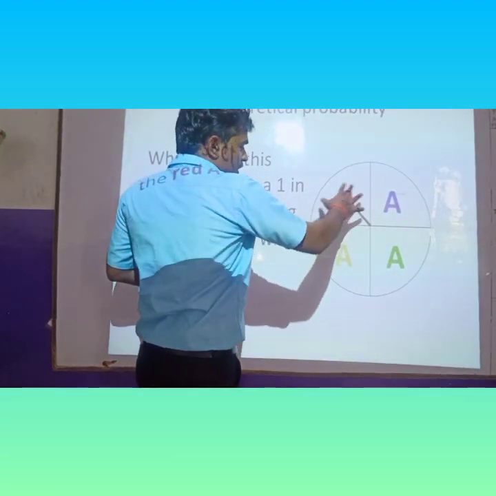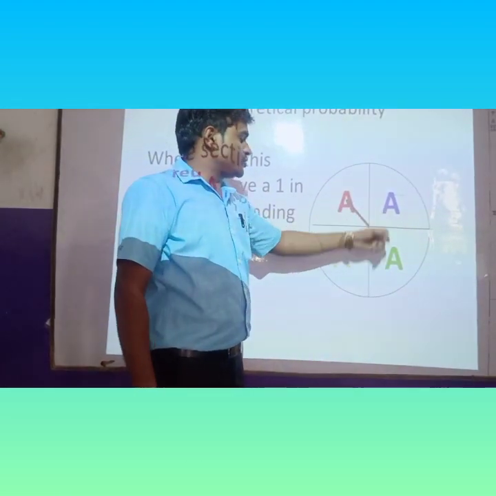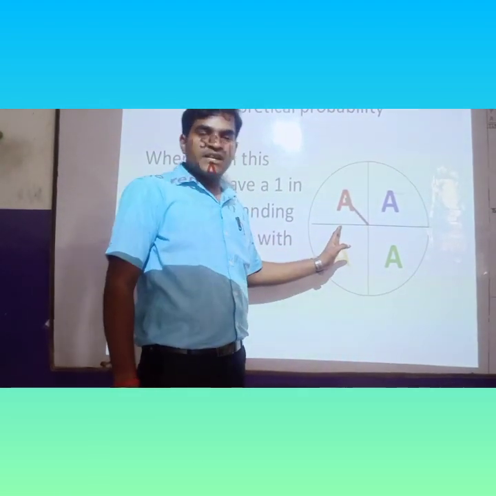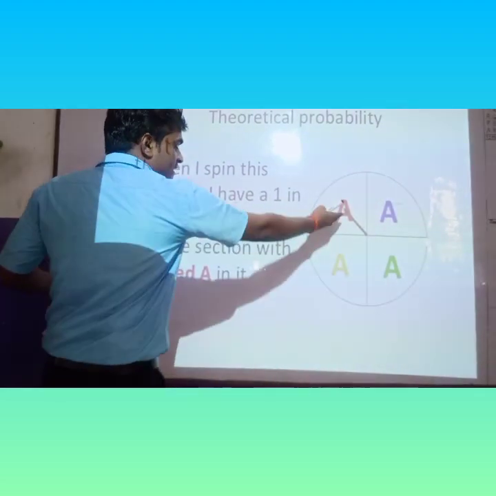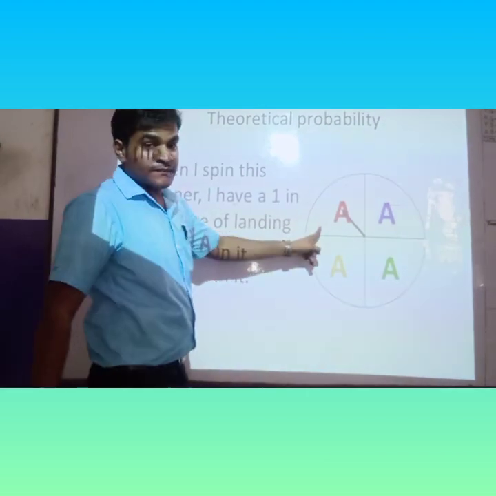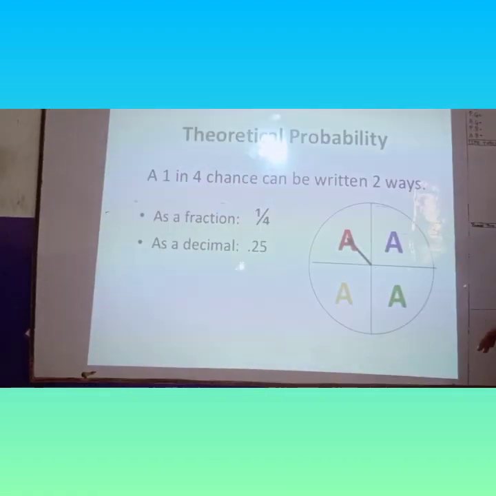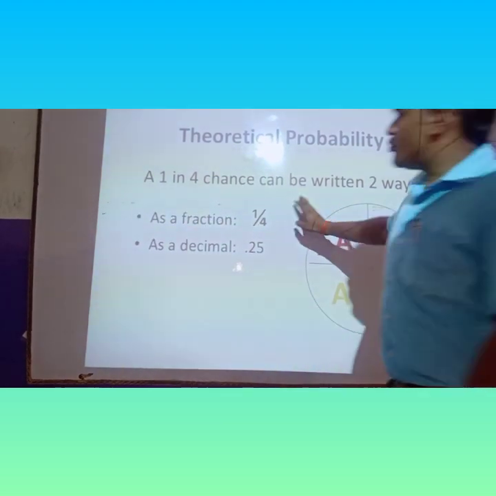There are total possible outcomes, children: 1, 2, 3, 4. The possible outcomes are 4. And how many red sections are there? Only one red section with A. So what is the probability? That is 1 upon 4.